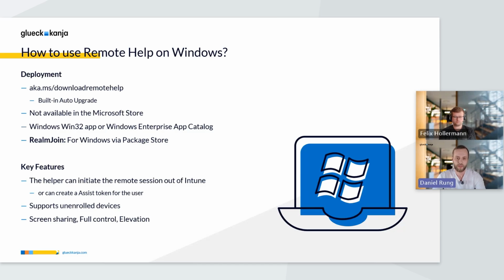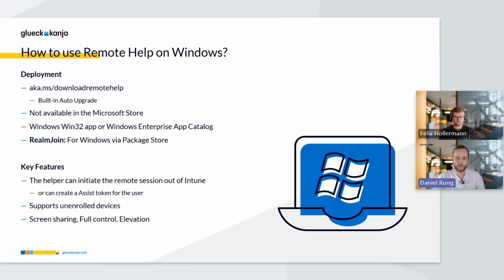In Windows, these are the key features of Remote Help. You have 3 options. You can just screen share, just full control, or you can also make an administrative elevation, so you can elevate to your Windows local admin or whatever.